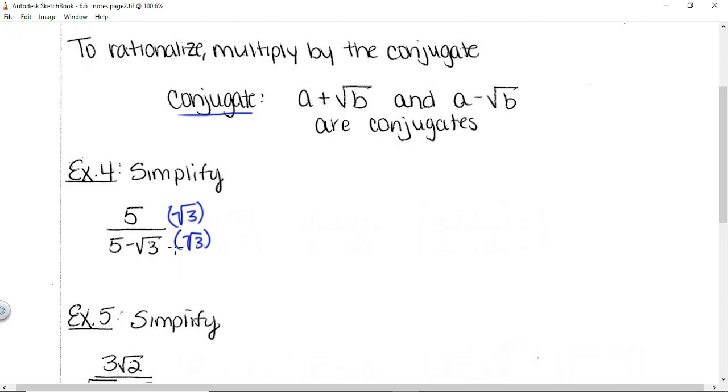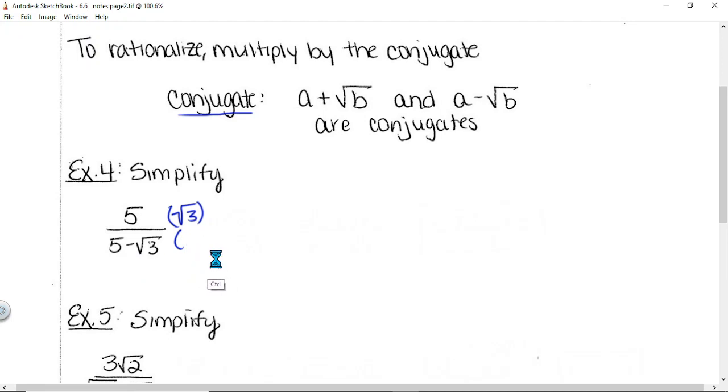Because we would distribute that, right? And in the denominator, we would take the square root of 3 times the square root of 3. That would look good. That would just be 3. But we would also take it times the 5, and that would be 5 times the square root of 3. It still has a radical. Okay, so that won't work.